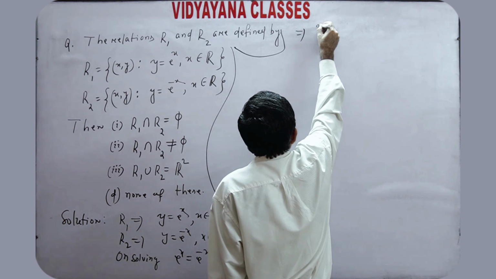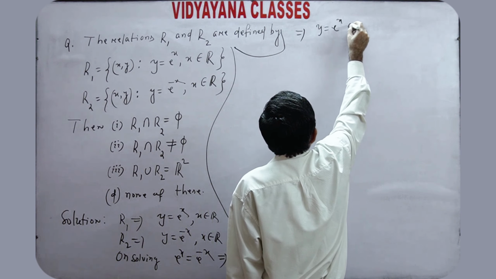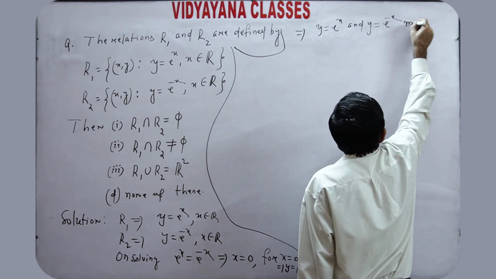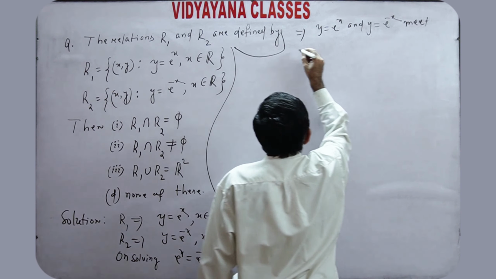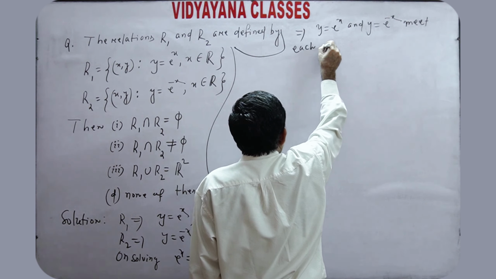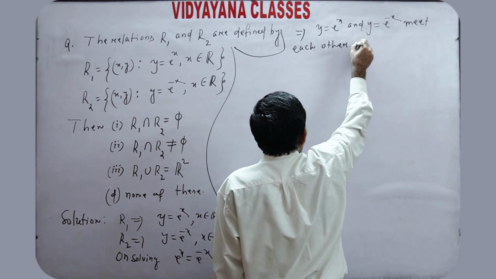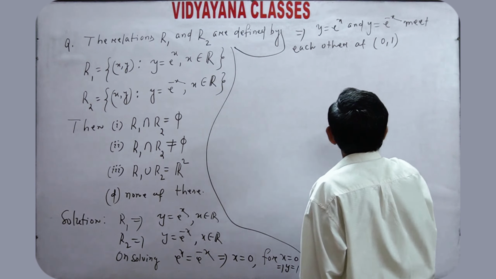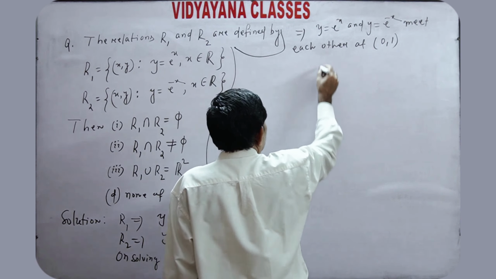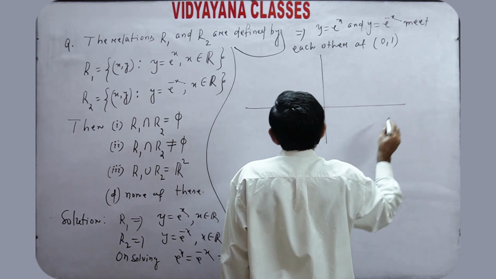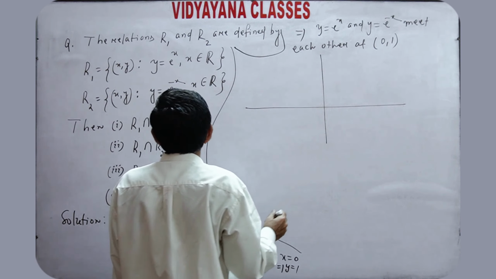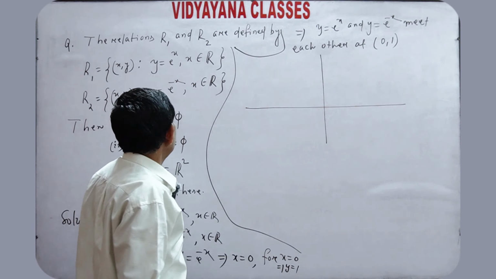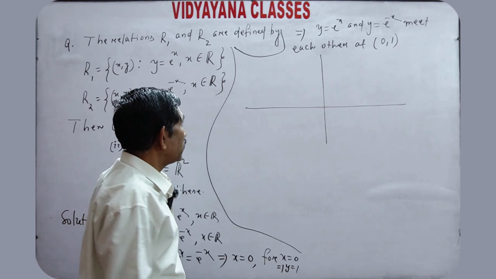As y is equal to e to the x and y is equal to e to the minus x meet each other at (0, 1). Y is equal to e to the x: if x increases, y increases and it meets at (0, 1).